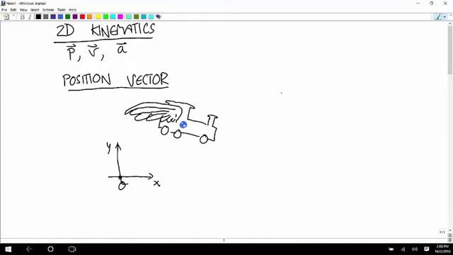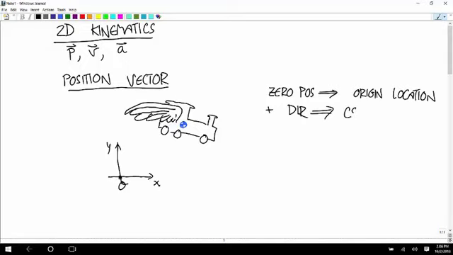And so the 0 position now is the origin location. The positive direction in 1 dimension now translates into the coordinate system axis directions, how the coordinate system is oriented.